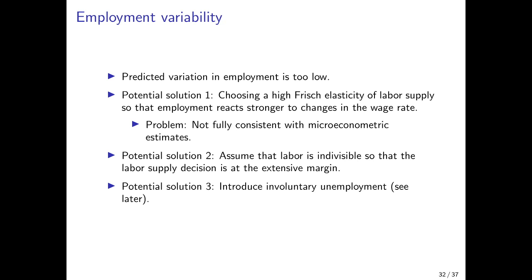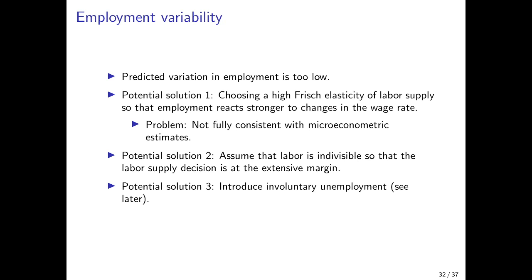But there is a potential second solution to that, and that is to assume that labor supply in the model is indivisible. So individuals cannot choose to supply 1 hour of labor more per day, say, but they can only choose to either supply 8 hours per day or nothing at all. So either to supply labor or to be voluntarily unemployed.